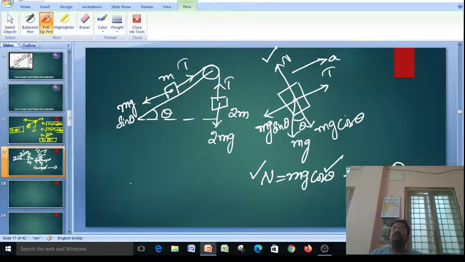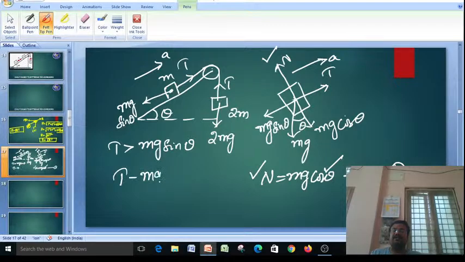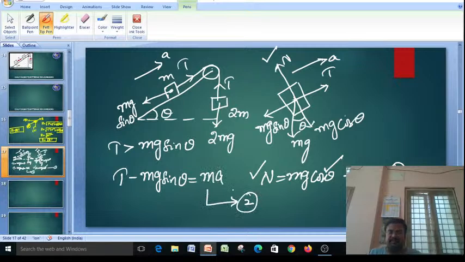So how to frame the equation for this: acceleration is existing in this direction, means definitely the tension is greater than the component of the weight of the object, mg sin theta. So I will take like this: tension in the string T minus mg sin theta is equal to mass into acceleration. This is mass into acceleration. This is the second equation we got.